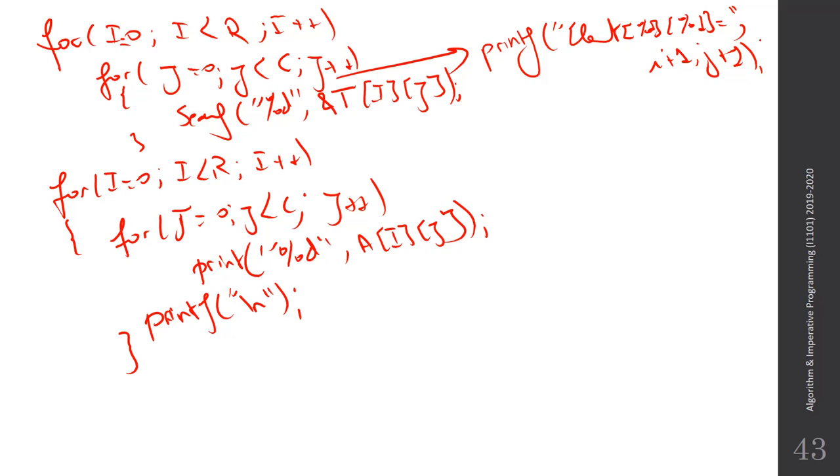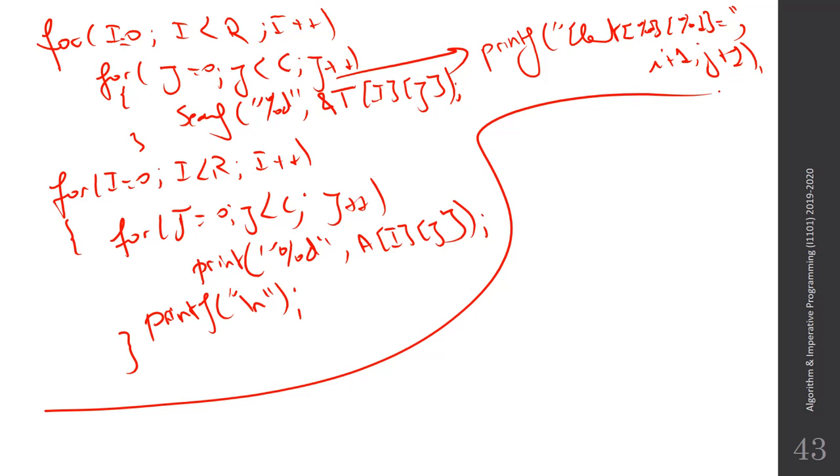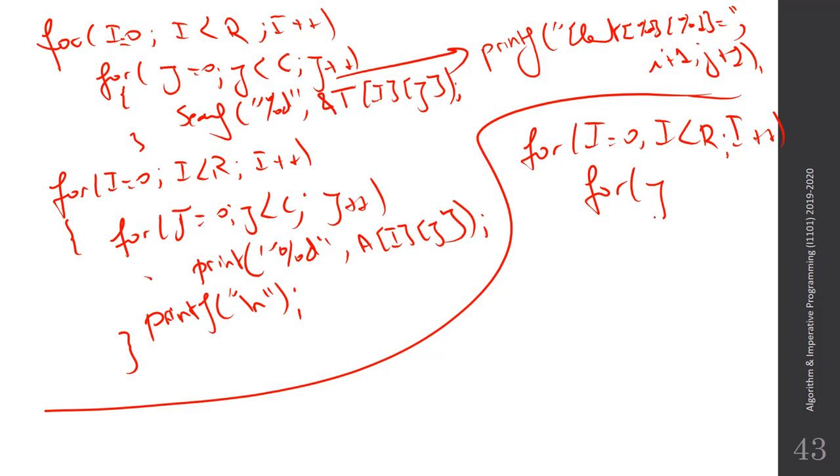So then we need to do the summation. So again we need 2 for loops. We could have done it here in the same loop, however, we will repeat it. So for i equal to 0, i less than the number of rows, i plus plus, and then I have for j equal to 0, j less than c, j plus plus. So I need to initialize sum to 0, and then I will add to sum, plus equal t of i, j.